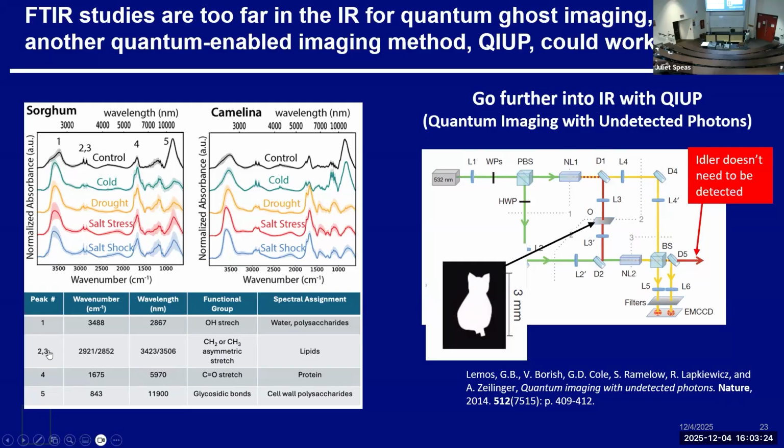What's interesting, and not obvious, is that you don't even need to detect the idler. It goes off into free space and lives its own happy life. So what's good about this technique, as opposed to ghost imaging, is you don't need to detect this idler photon, so you can potentially get this information-rich fingerprint region in an imaging experiment.